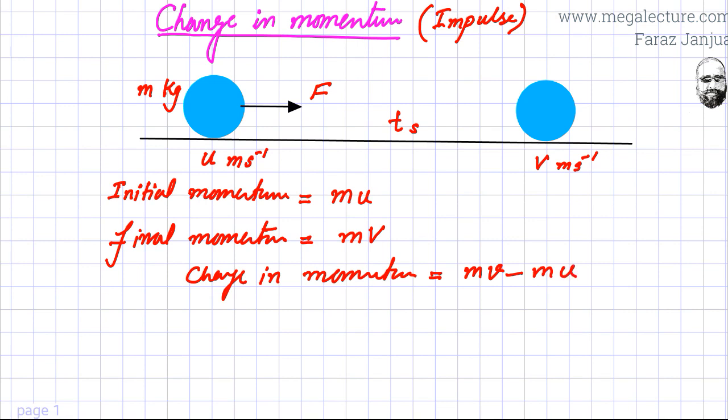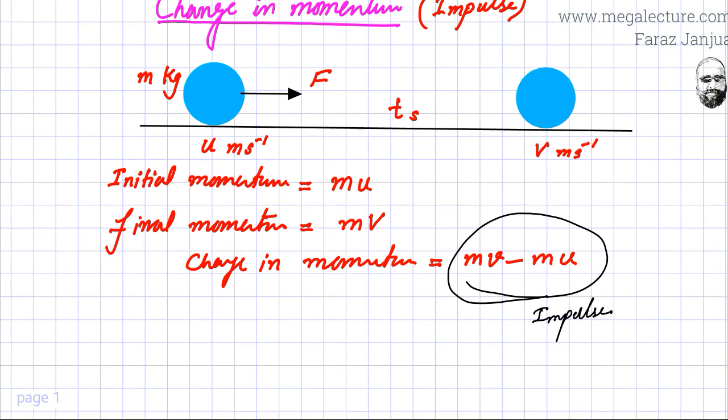This change in momentum is also called impulse. Impulse is change in momentum. And one important thing is that change in momentum, which is mv minus mu, is also equal to net force multiplied by time.